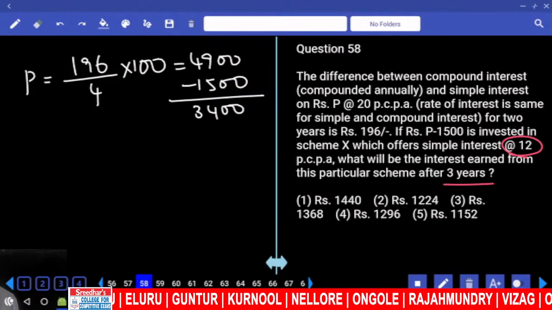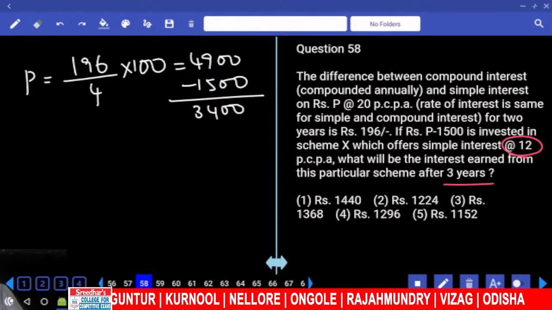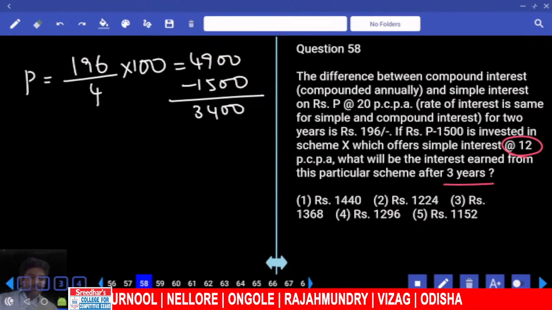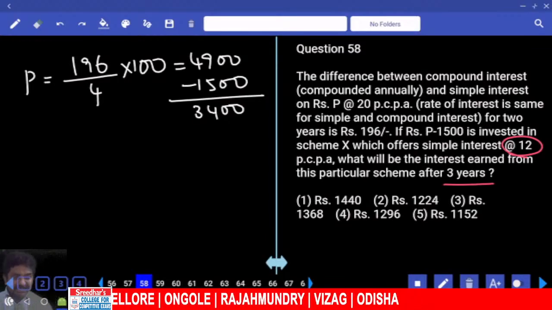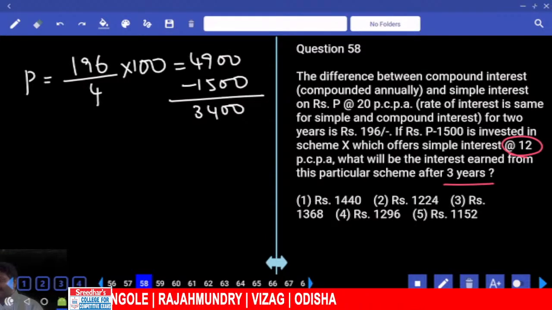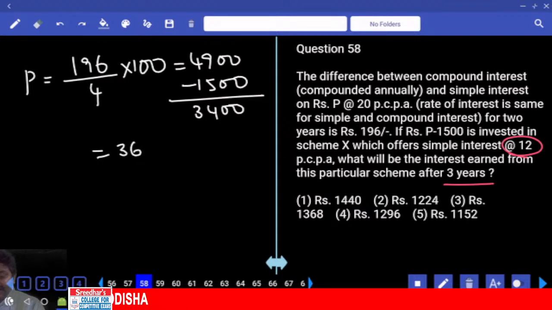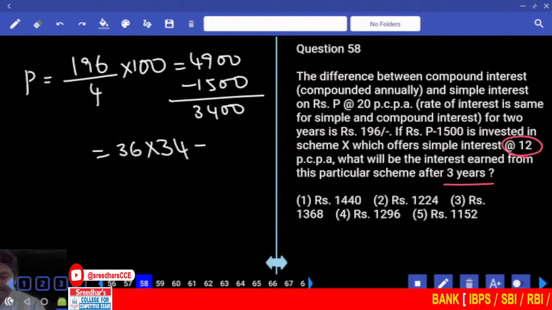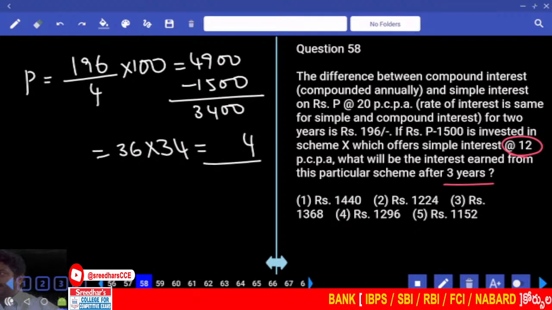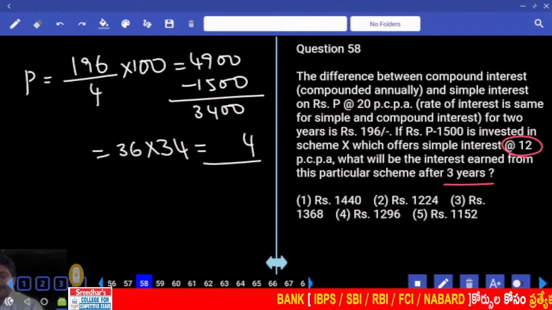How much percent? 36%. 34 is a 9 multiple. First go and verify the 9 multiple. Can it be the first option? The second option? Multiple options are there. Let us calculate. What percentage? 36. What is 1%? 34. Ends with how many? 1. 12, 24 final.